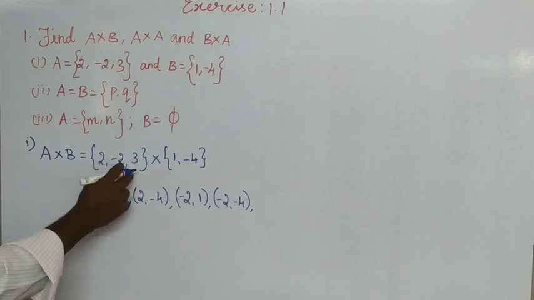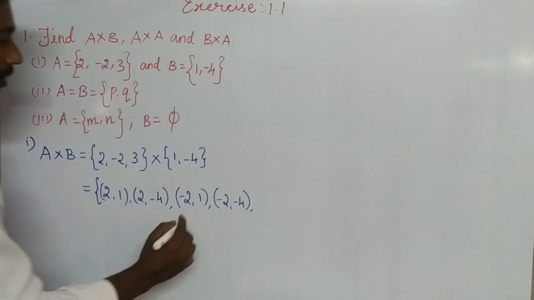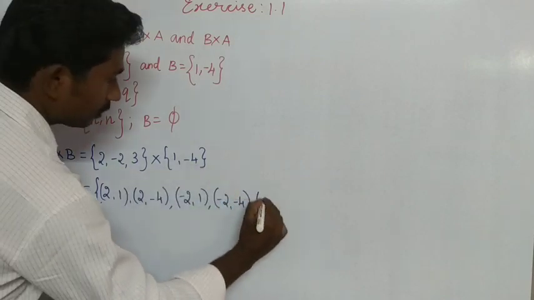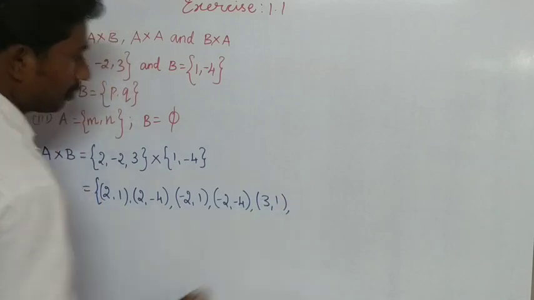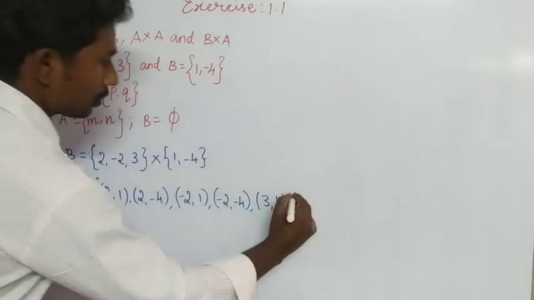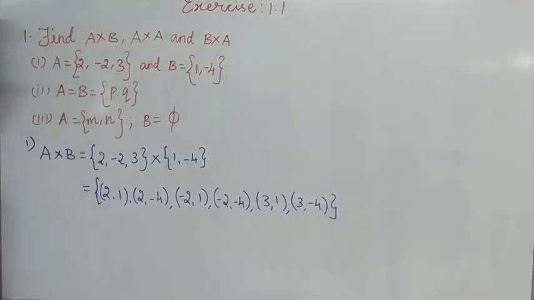Then third element in the first set with all the elements in the second set. So 3 comma 1, 3 comma minus 4. We have to close the set bracket. So it is A cross B of the given sets A and B.